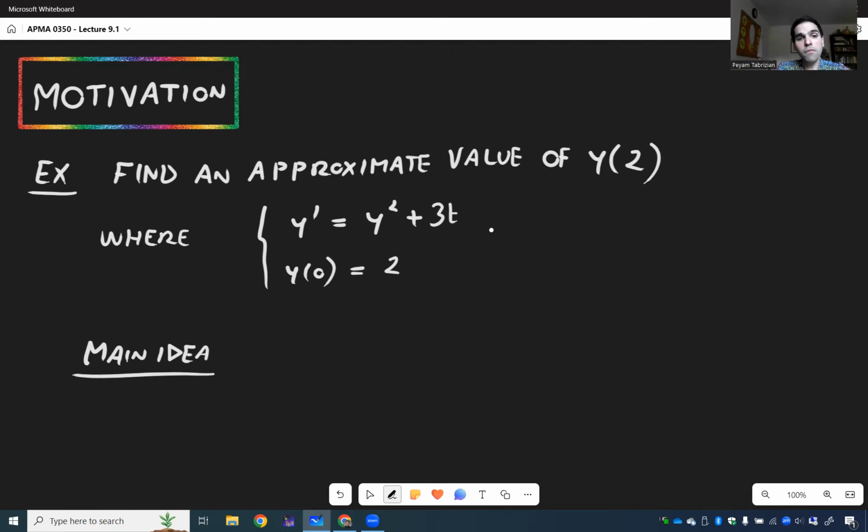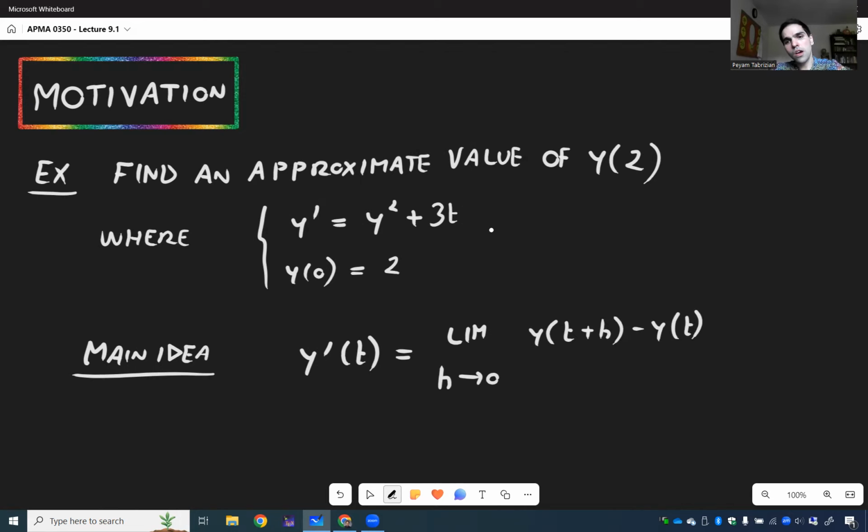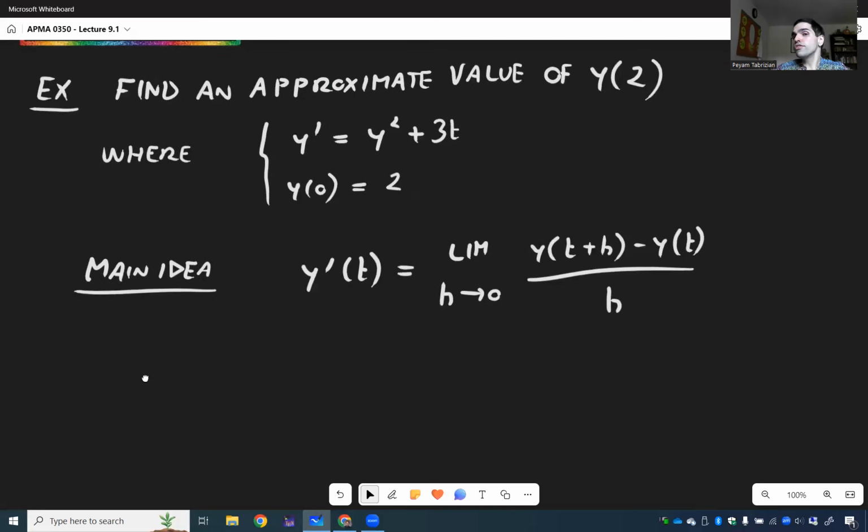So recall that y prime is really the limit of a difference quotient: the limit as h goes to 0 of y of t plus h minus y of t, over h. In particular, this implies that for small h, the derivative is roughly that difference quotient.